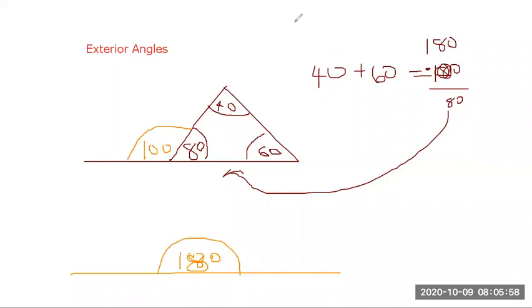I want us to recognize something. Let's look at the 40 right here and the 60. The 40 and the 60, when you add them together, you get the exterior angle.